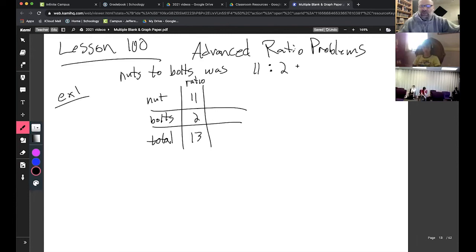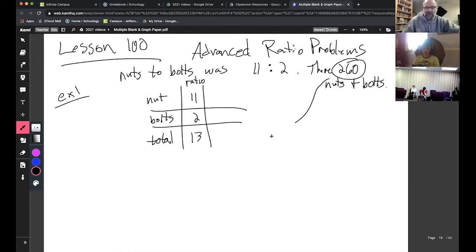But here's what the rest of the problem says. There are 260 nuts and bolts. Not 260 nuts, not 260 bolts, but 260 nuts and bolts. Where does this 260 go in my table here?